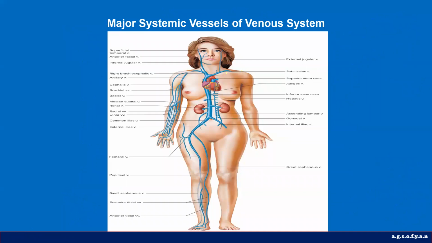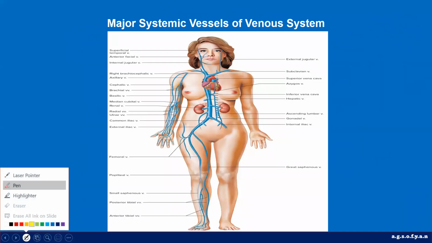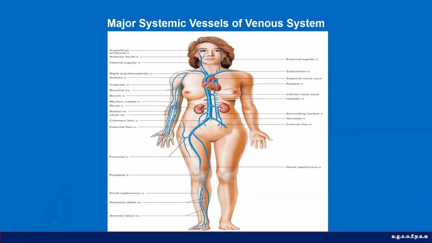Okay, again, these are major systemic vessels. It means that they are coming from the systemic circulation. All the capillaries coming from the bottom part of our body combine into veins, and finally make this bigger vein called the inferior vena cava.